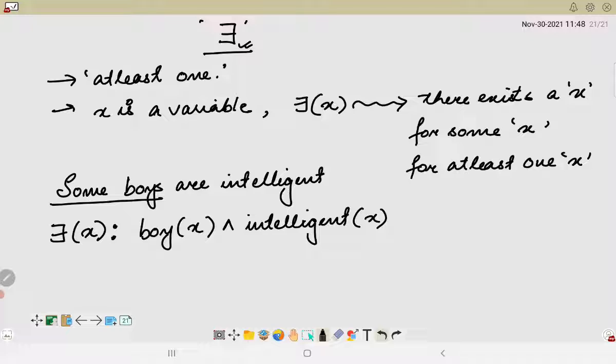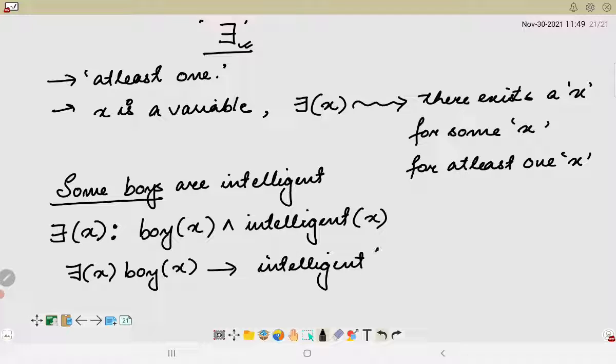We can also consider the previous representation, where we write it like this: for x, if x is a boy, then x is intelligent. This is another way of representing it.